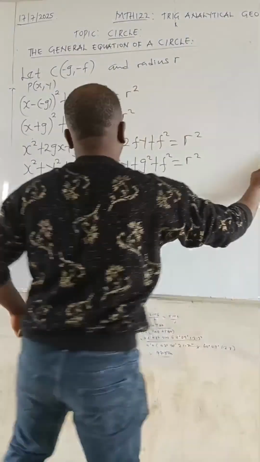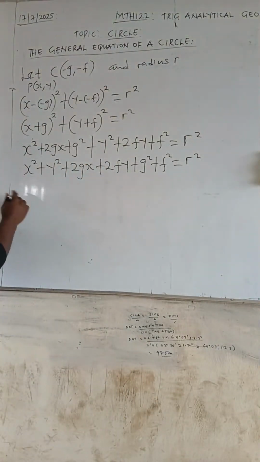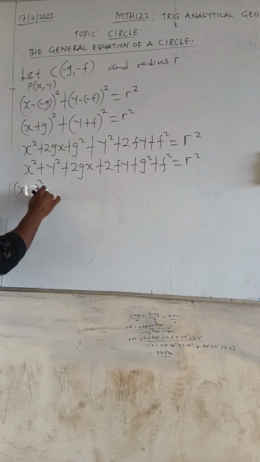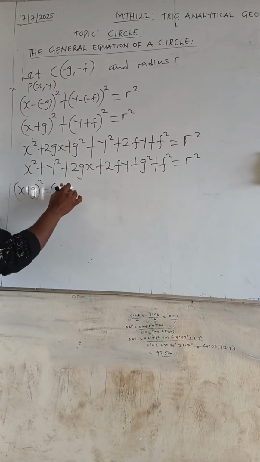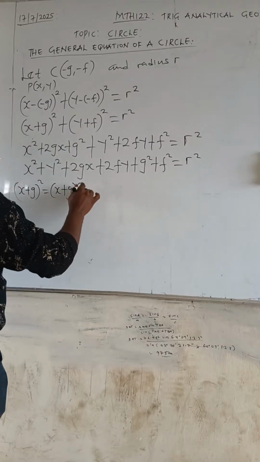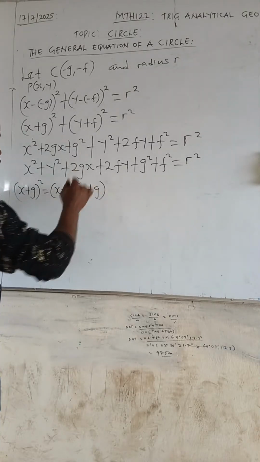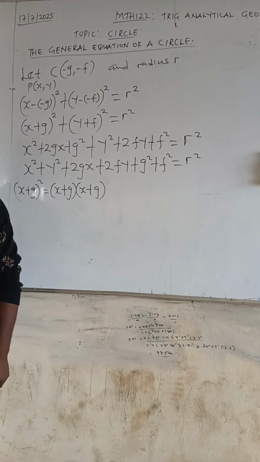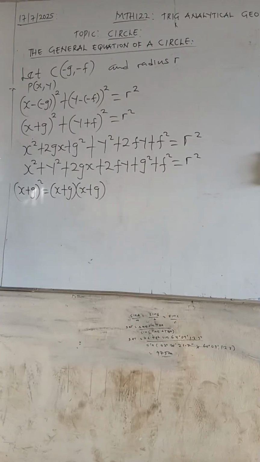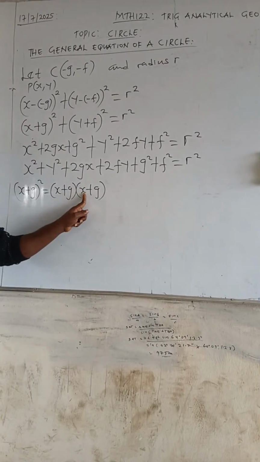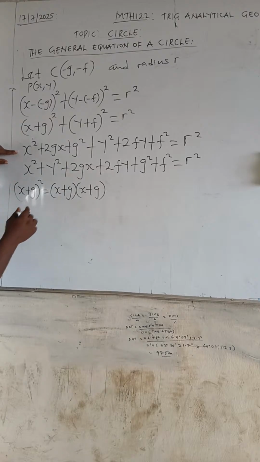Sorry about that. Okay, let me break it down here for you. (x plus g) all in square is the same thing as (x plus g) times (x plus g). You don't need a prophet to tell you: use this to multiply this. So here will be x squared.